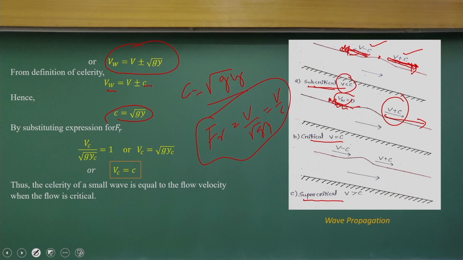But if you look at the supercritical flow, both cases will be positive, because V is greater than C, so these two roots, V plus C and V minus C, will both be positive.